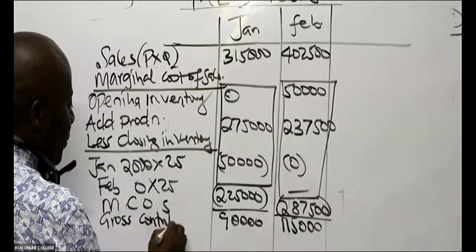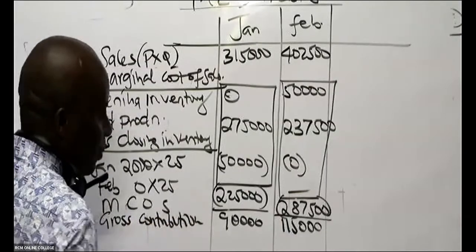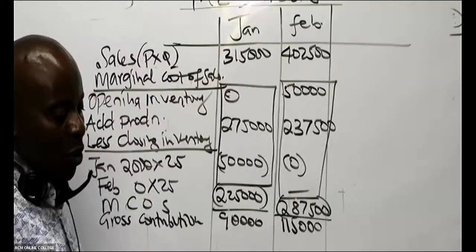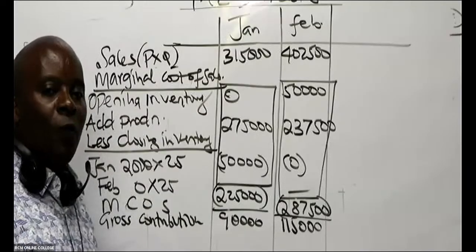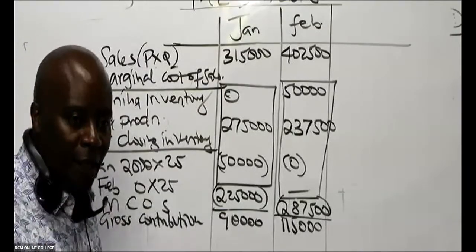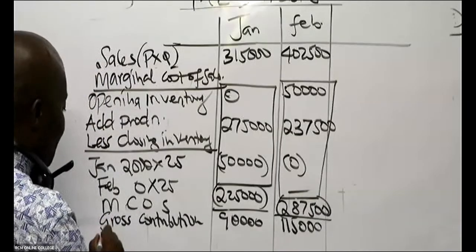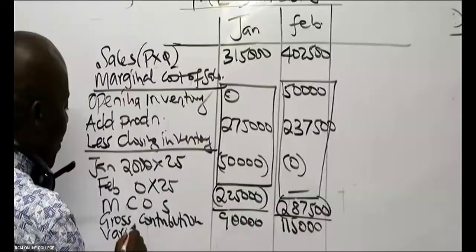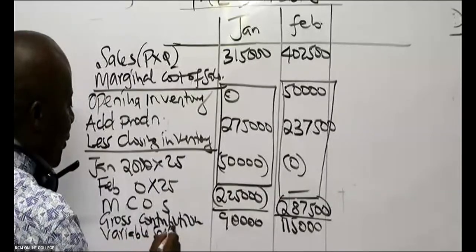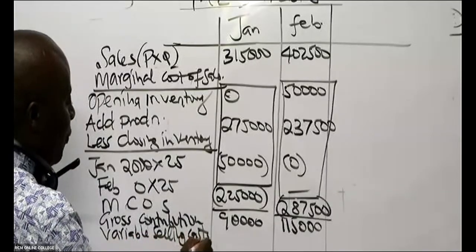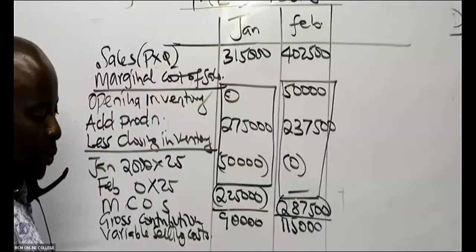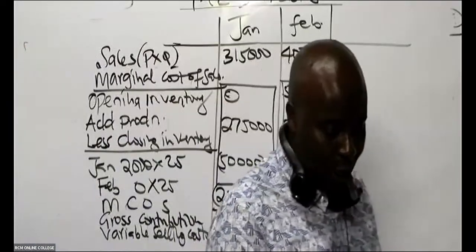Once you get this gross contribution, to get the net contribution, look for the variable selling costs. Are you able to see the variable selling cost, my good students?